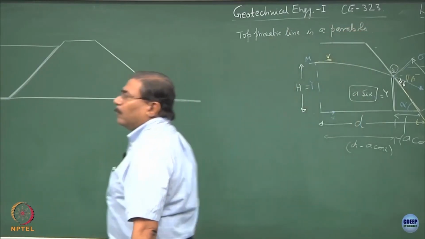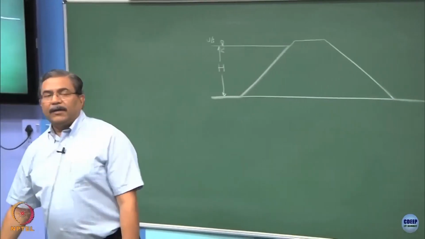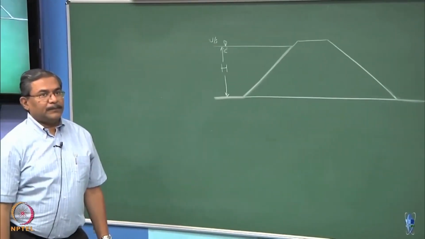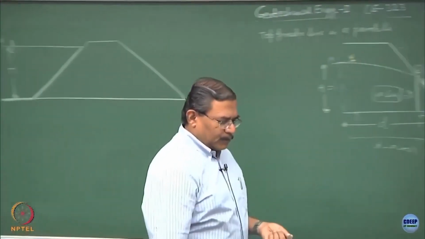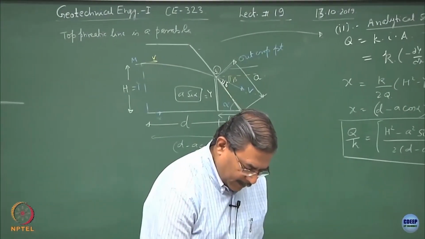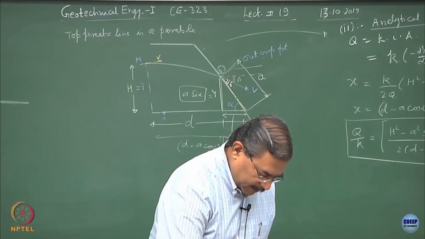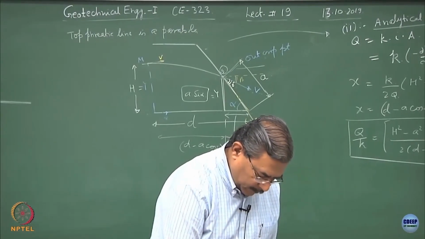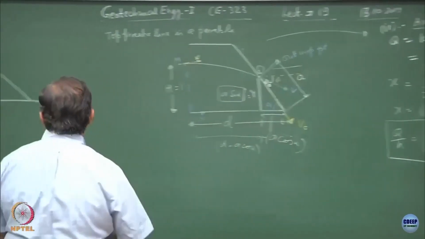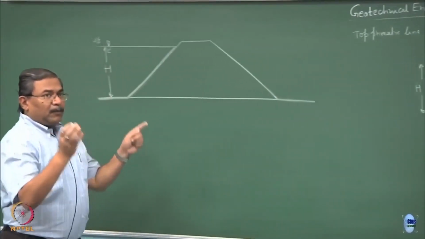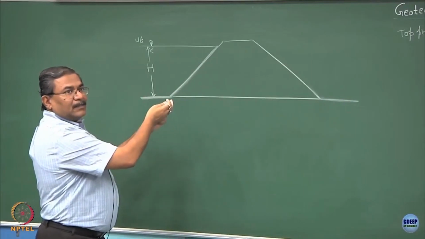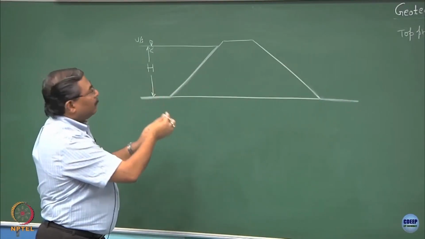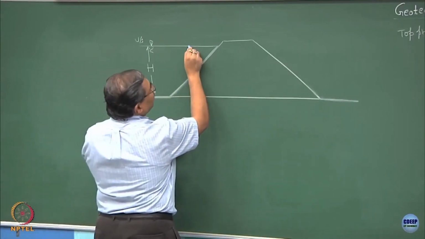Alright, how to fit the parabola on this? Now, please stop writing and see what I am doing. This will give you better understanding of what we are going to discuss subsequently. The only possibility to fix a parabola on this figure or superimpose on this figure would be if the parabola goes like this.